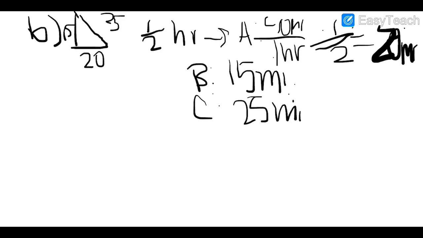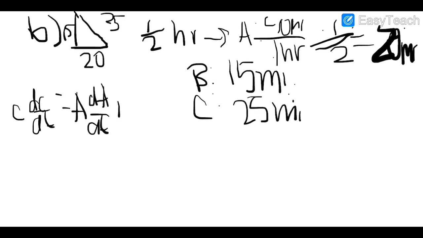So now we can start up on our equation again, which remember is going to be C dC/dt equals A dA/dt plus B dB/dt. This came from taking the derivative, and now we can plug everything in because the 2's are crossed out.